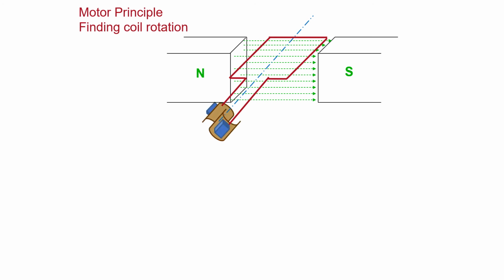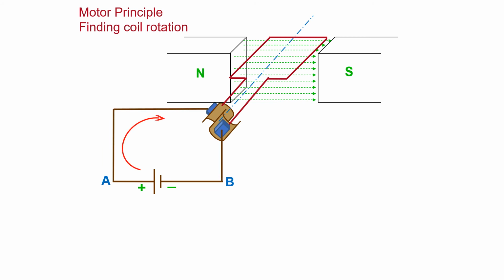Two brushes will be sliding over the commutator as the coil rotates. The supply is connected to the brushes. The current from the supply goes into the coil. This is the direction of the current. In the right coil side, the current is outward.